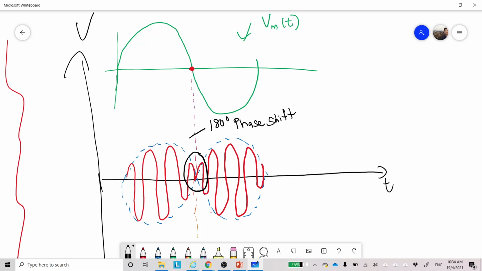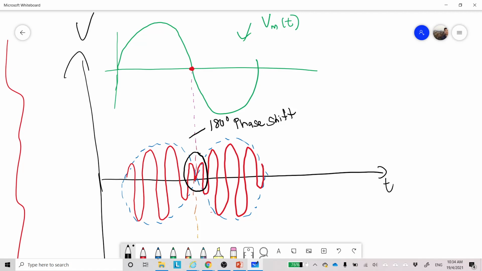Again, there's a 180 degree phase shift. Okay, berlakunya 180 darjah phase shift. So when you draw, you need to highlight this 180 degree phase shift.